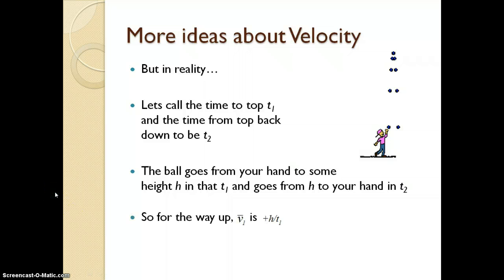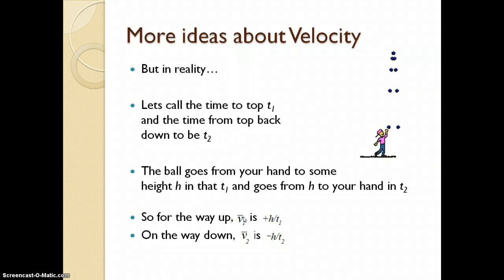So on the way up, the velocity for that first time segment, v1 in time t1, will be positive h over t1. Positive h is the displacement, t1 is the time. On the way down, the velocity is going to be negative h over t2. Negative h because displacement is final minus initial. Let's say your final height is 0. Your starting height is h. 0 minus h gives you negative h.